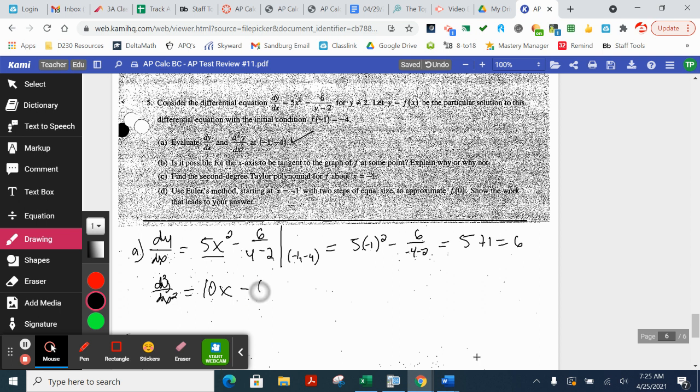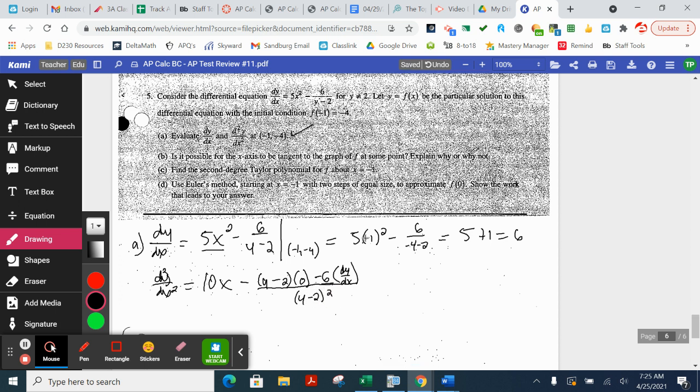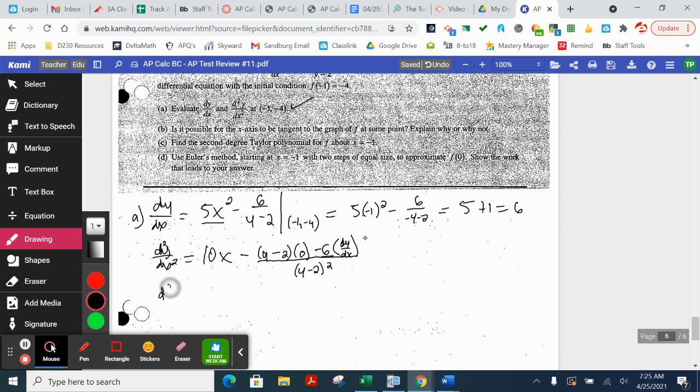It's your bottom of y minus a 2. Derivative of the top is 0. And then minus the top. The derivative of the bottom is the derivative of this little y, so dy dx. And then all of that would get divided by your denominator squared. Let's clean this up a little.